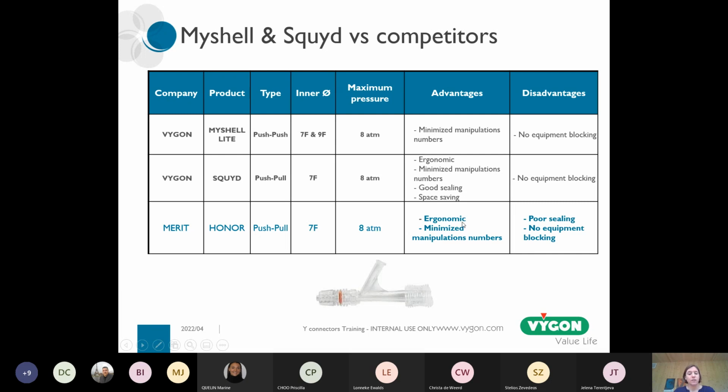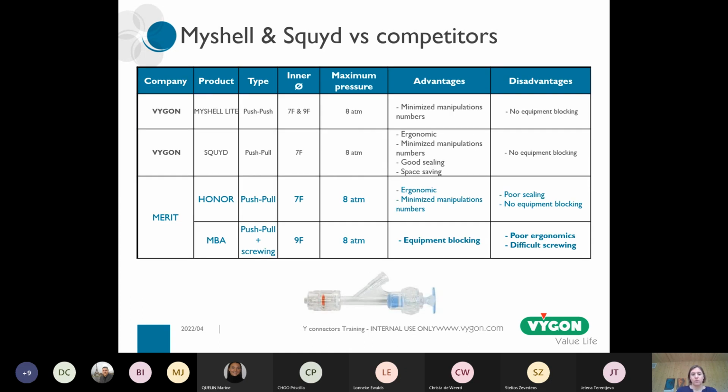The advantage is that it is ergonomic. The manipulation is minimized because it is a push-pull system. But the disadvantage is that there is a poor sealing and there is no equipment blocking. We know that with a simple push-pull, there is no equipment blocking. They need a screwing valve in addition.